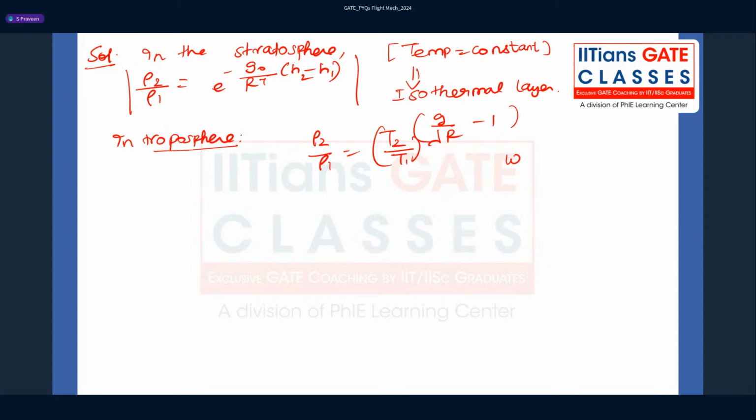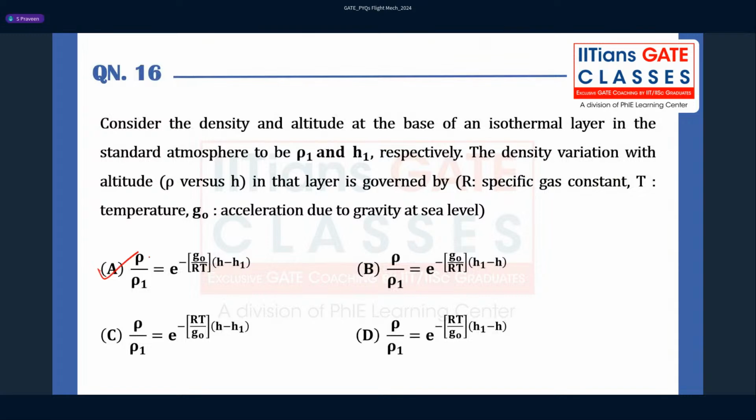Just write that down as well. Lapse rate is equal to minus dT by dh, which is equal to 0.0065 Kelvin per meter. So my answer has to be option A. Pretty simple, isn't it? Right.